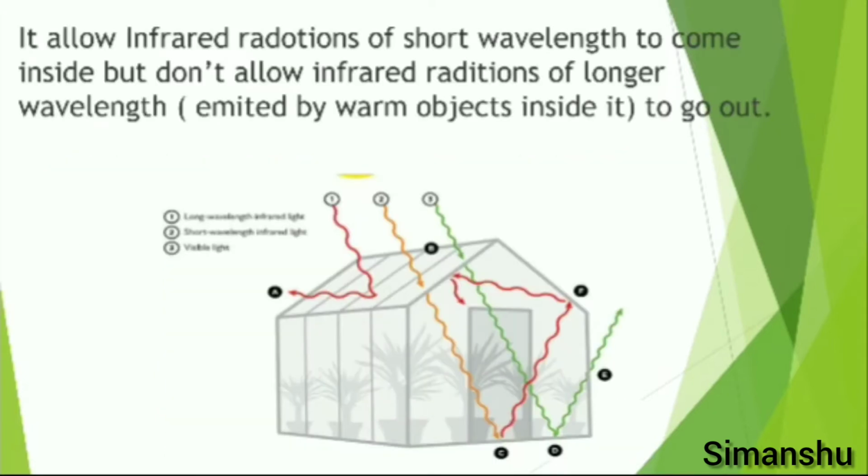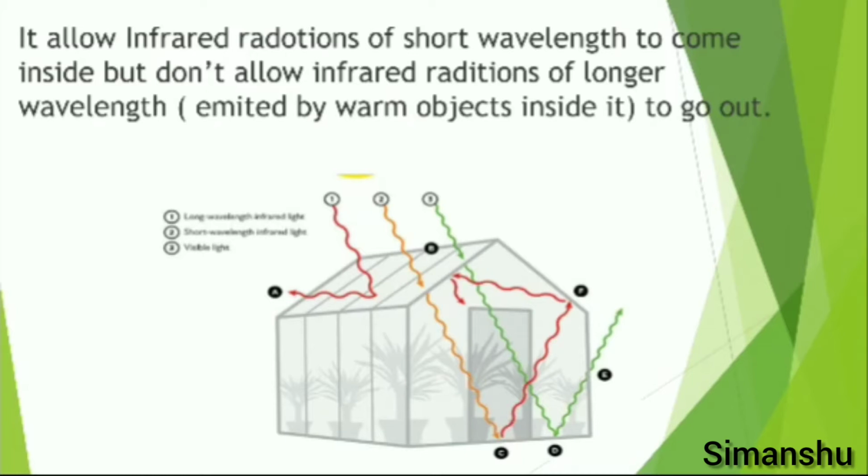As you can see in this diagram, I have shown three kinds of light rays. First one is long wavelength infrared light, which is red colored. Then the second one is short wavelength infrared light, that orange one.